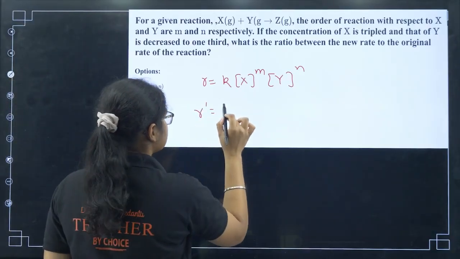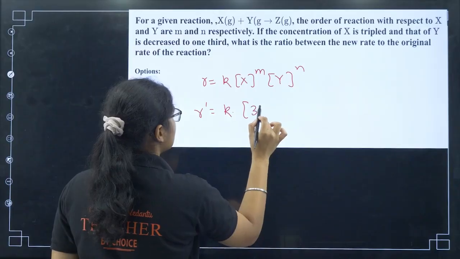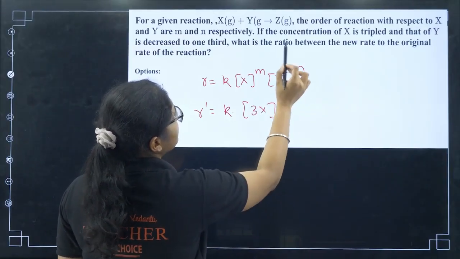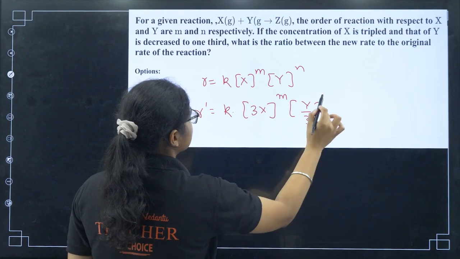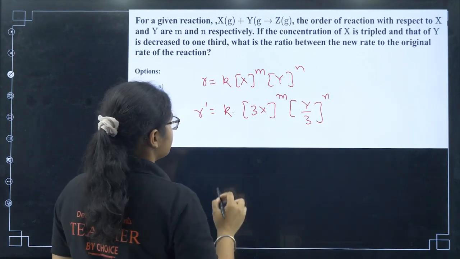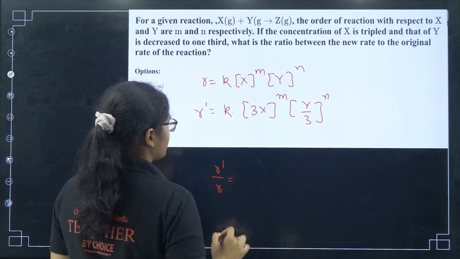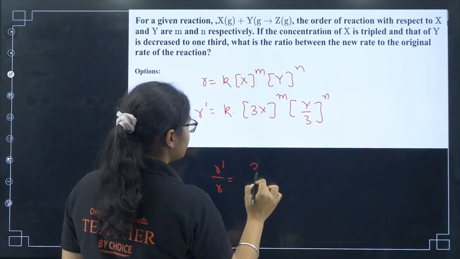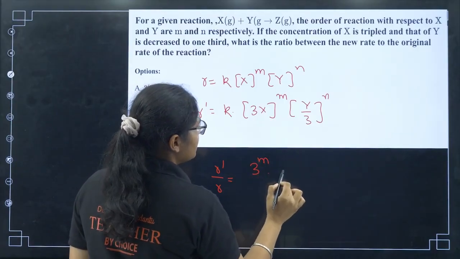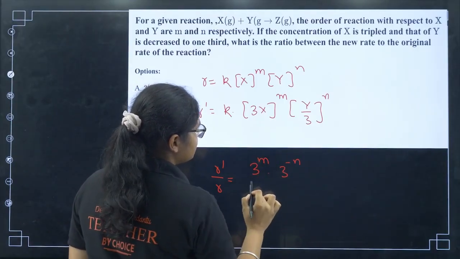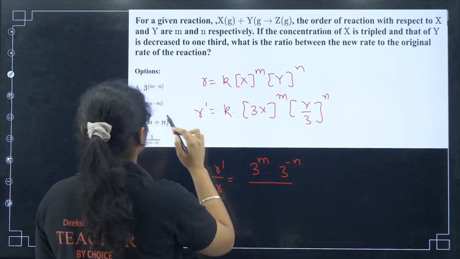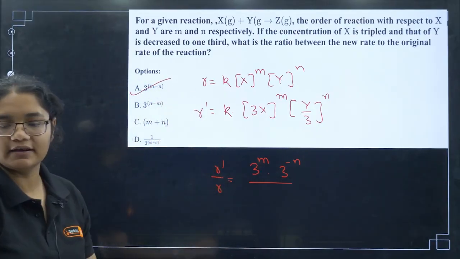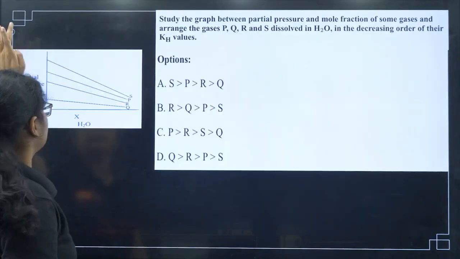So R dash is equal to K into, with X tripled and Y reduced to 1/3. The ratio R dash by R will give me 3 to the power m by 3 to the power minus n, and K and the concentration terms get cancelled, so I'll get 3 to the power of m minus n, which is option number A.